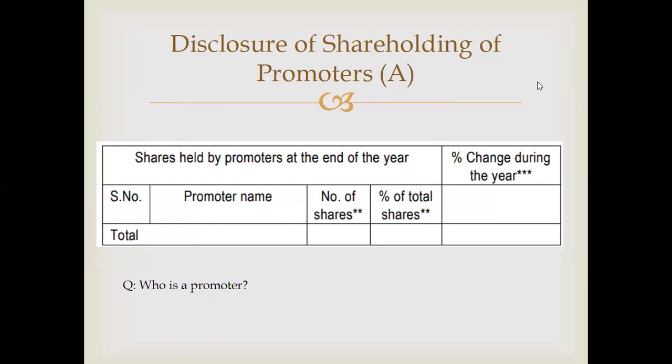In case of Reliance, Dhirubhai Ambani is a promoter. He first put forward the idea.